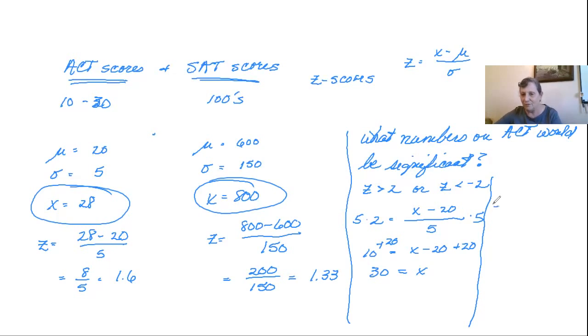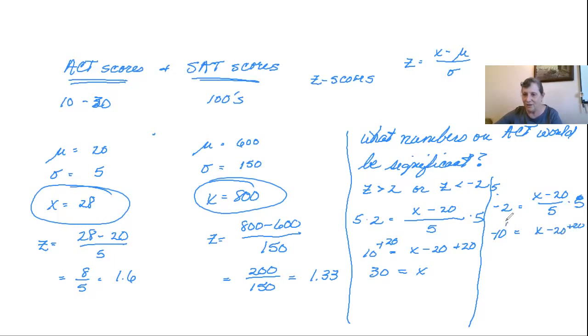If I set this equal to -2, if I said -2 is equal to x minus 20 over 5, and then I multiply by 5, and I've got -10 equals x minus 20.